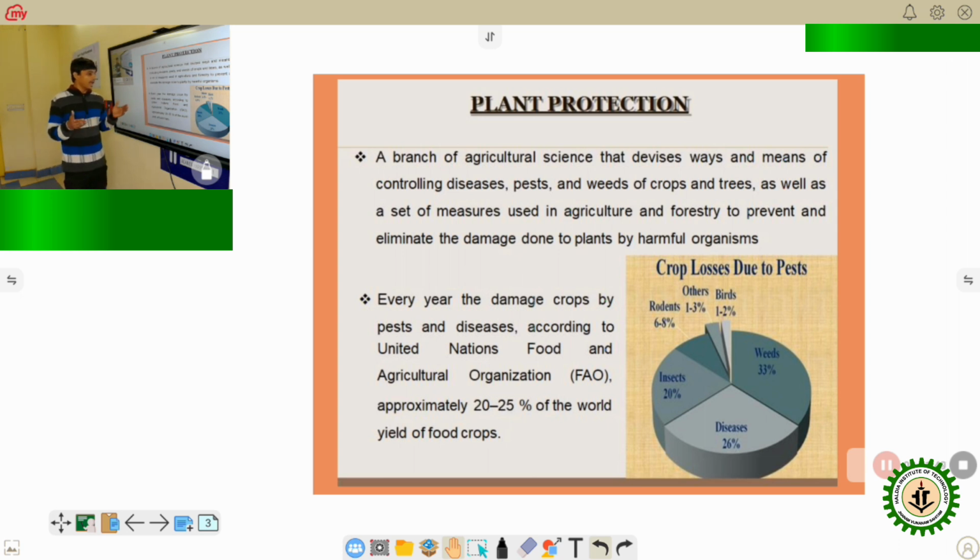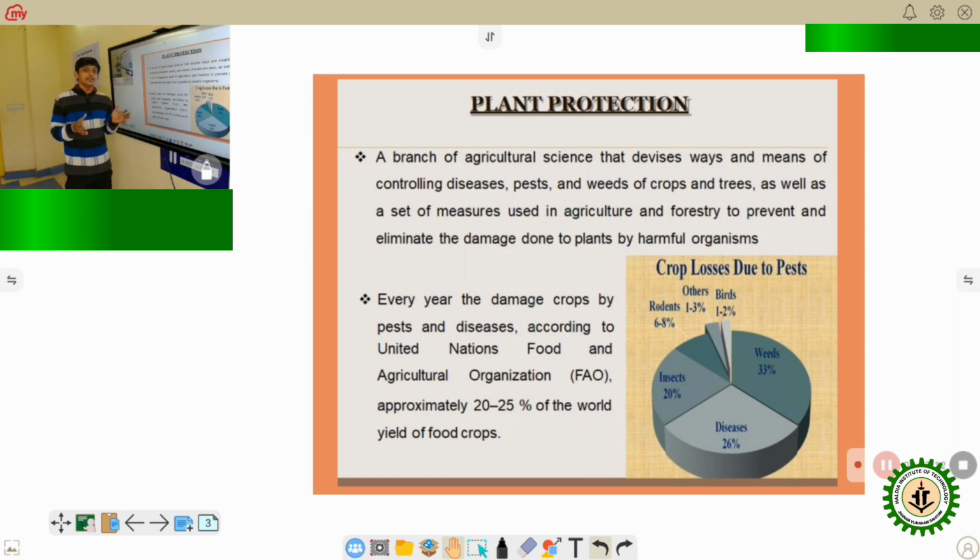According to the FAO, that is the Food and Agriculture Organization, the crop losses due to pests or diseases are around 20 to 25%. So this is a very huge loss.